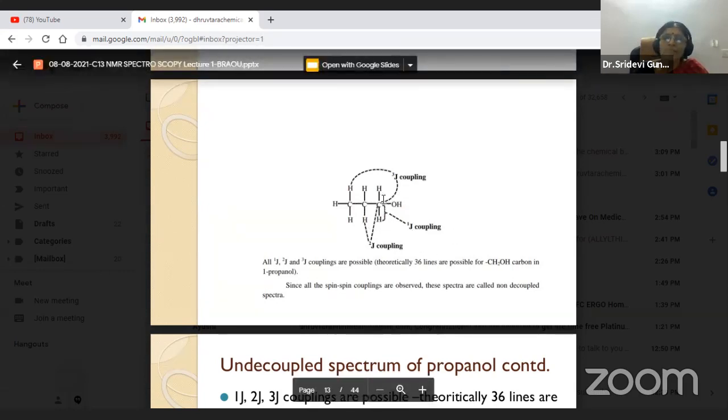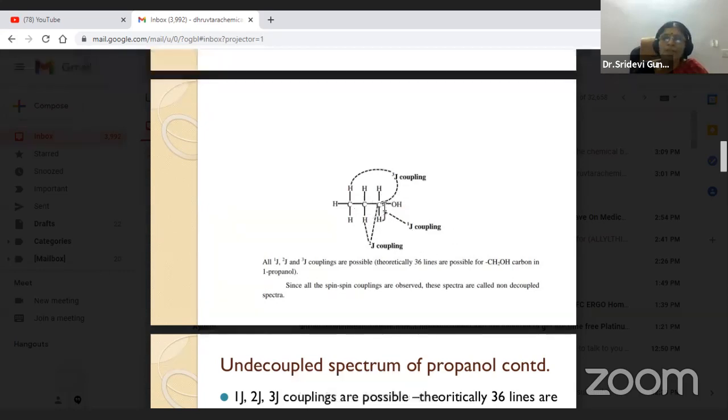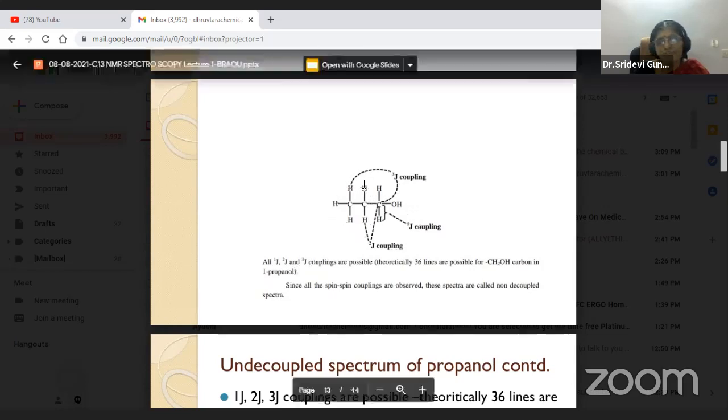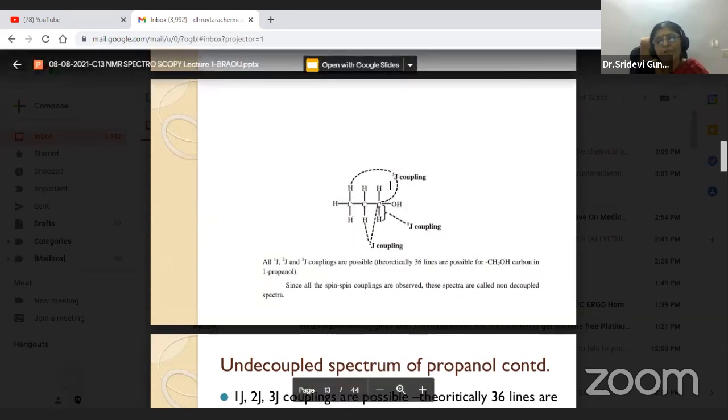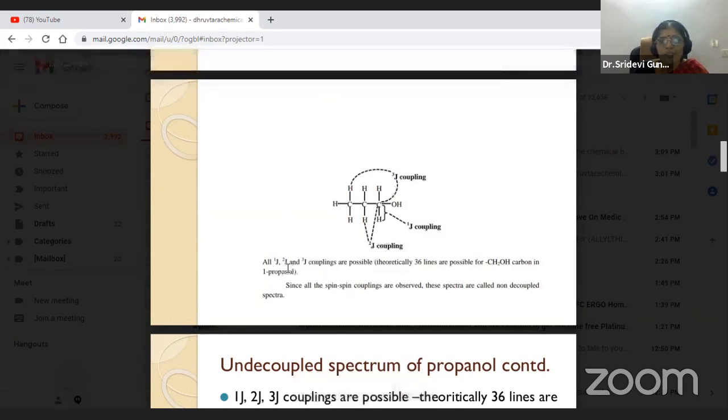I am just showing you the coupling between carbon and hydrogens, directly attached hydrogens, those on the second carbon, and those on the third carbon, which are 3 bonds away. Sometimes even J4 coupling, J5 coupling can be observed. I'm just showing you up to J3 coupling. Even then, J1, J2, J3 couplings are possible.